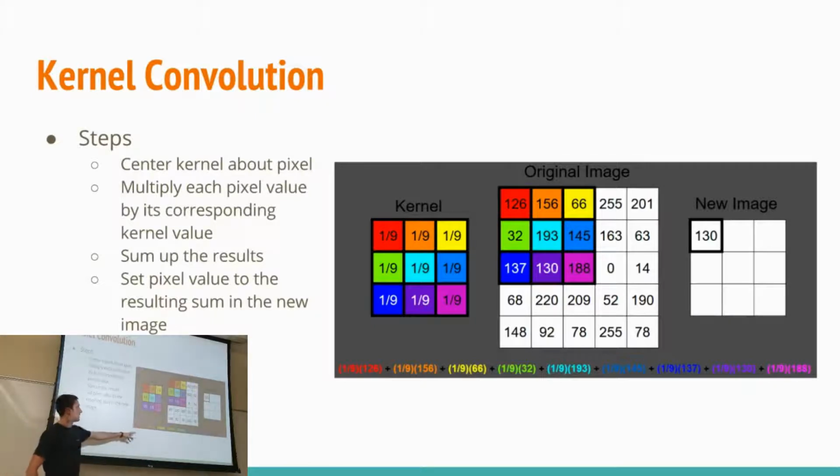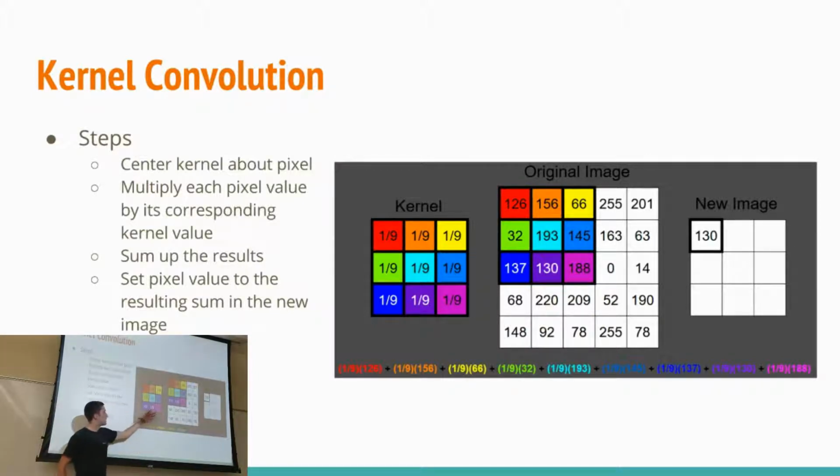So you can see here we have the 2 red pixels: 1/9 times 126, and then the next one would be 1/9 times 156. And you do that for each consecutive pixel, and then sum them up, and that is your final value over here that actually becomes your new picture.